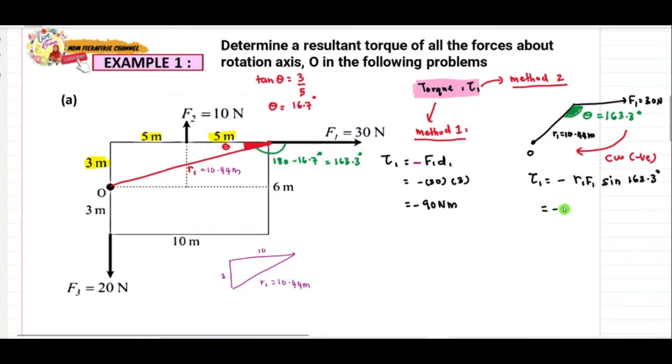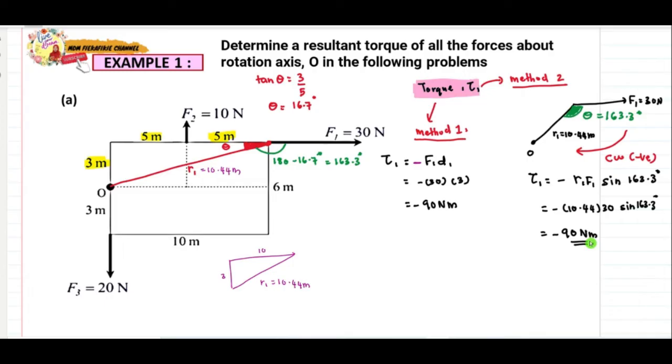So when we substitute 10.44 meter, F1 is 30, times sine 163.3 degree, you tekan calculator, mesti you akan dapat negative 90 Newton meter. So you akan dapat nilai yang sama dengan method yang pertama. So very easy, right?